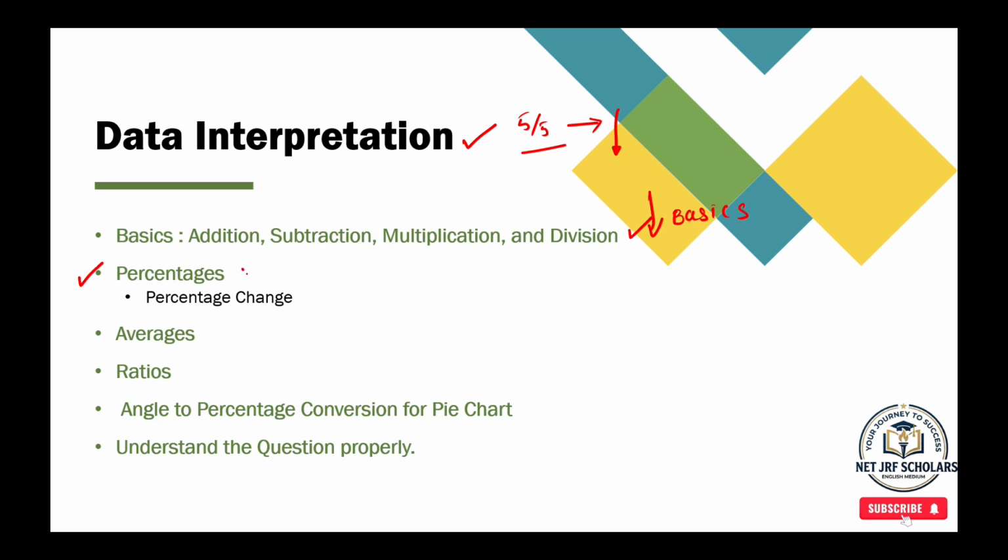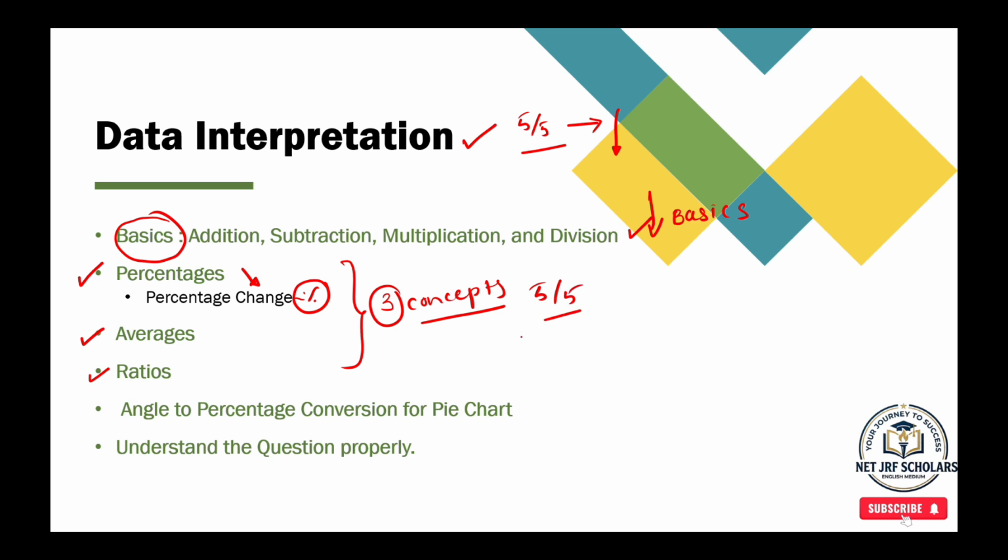In percentages, the main and important concept is change of percentage. It is a very important concept, and you need to learn averages and ratios. Apart from the basic concepts of mathematics, you need to learn only three concepts. That is more than enough to attempt 5 out of 5 questions in data interpretation.